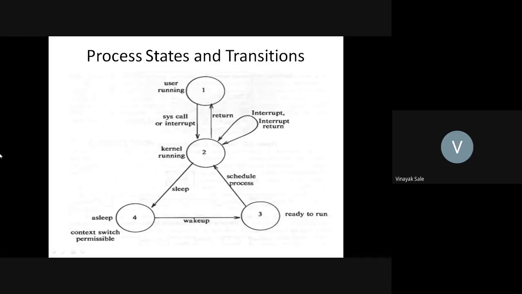So there are four states. First state is user running state. Second state is kernel running state. Third state is ready to run, and fourth state is asleep.